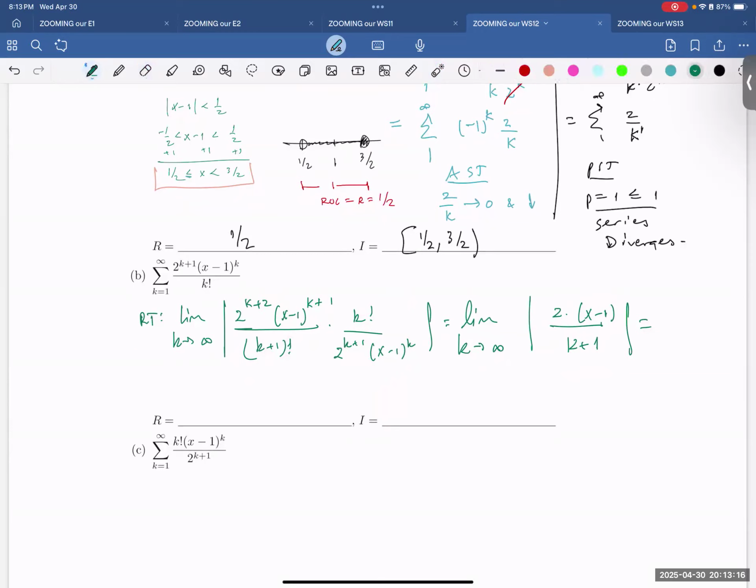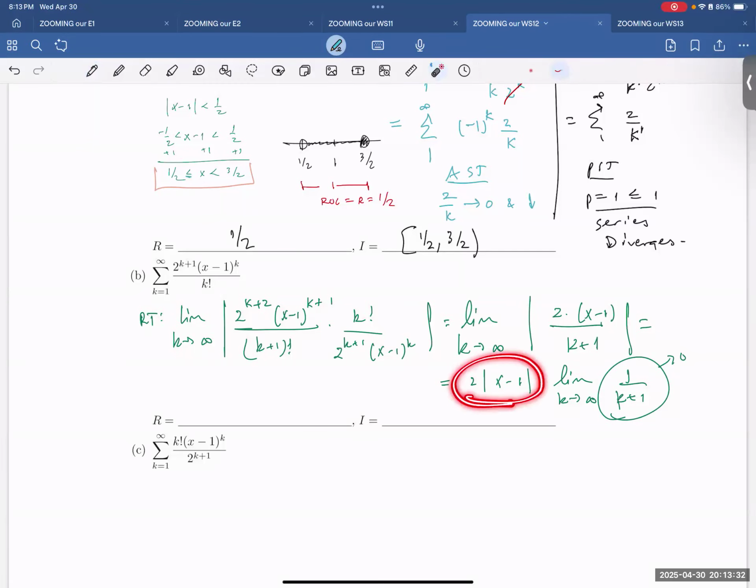As we're here, let's write it like this, equals 2 absolute x minus 1, just like last time. And then the limit as k goes to infinity of 1 over k plus 1. This piece goes to 0 and then multiplies times this thing, which makes it 0 all the time, regardless of what x was.